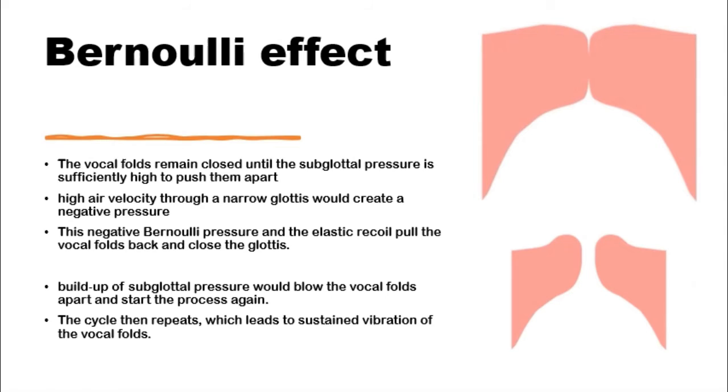So we start with the Bernoulli effect. This was the initial proposed mechanism for self-sustained oscillation, with repeated cycles of opening and closing of the glottis due to the build-up of pressure when the glottis is closed.